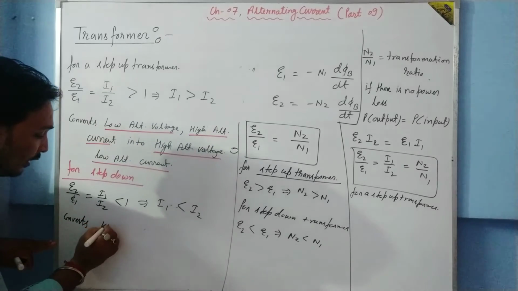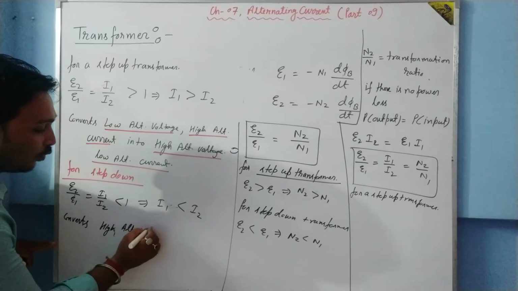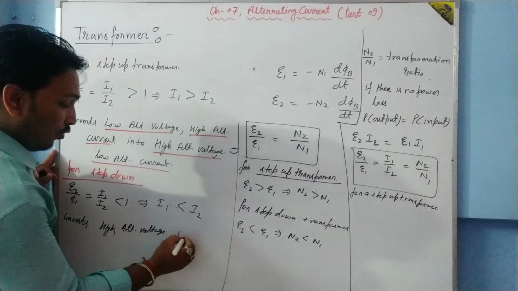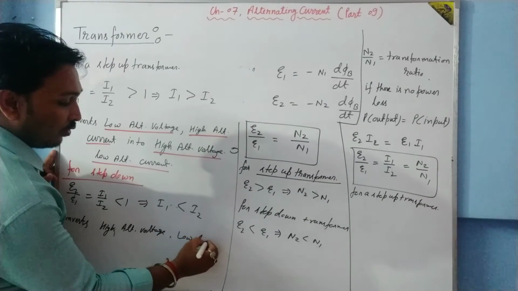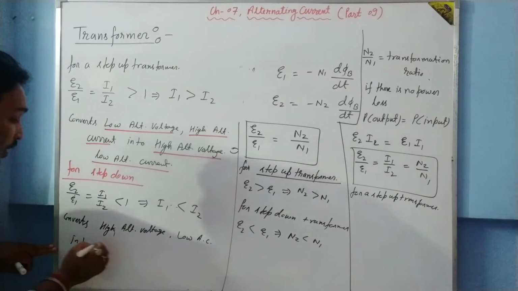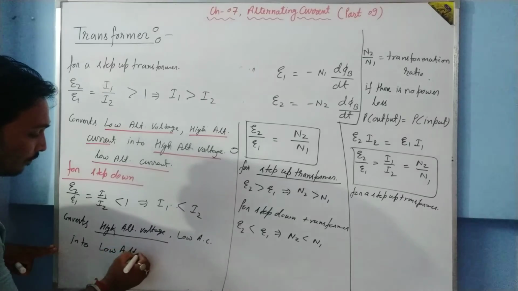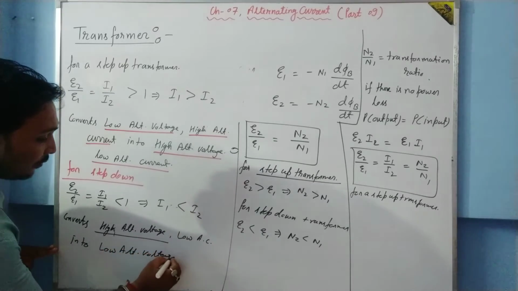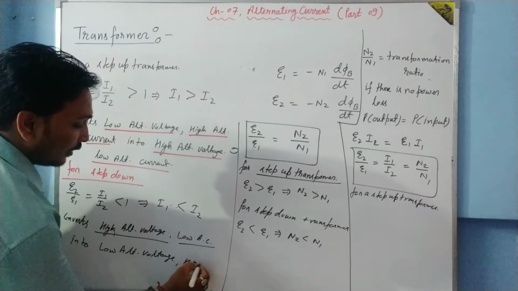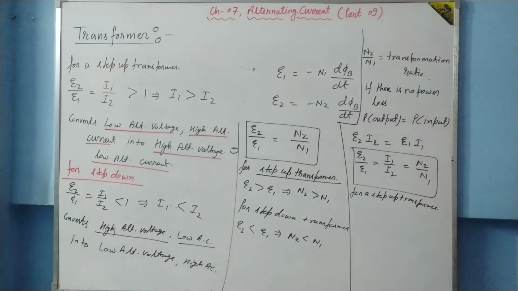It converts high alternate voltage, low alternate current into low alternate voltage, but at the same time low AC is converted into high AC. Is it clear? So this is how the transformer works.